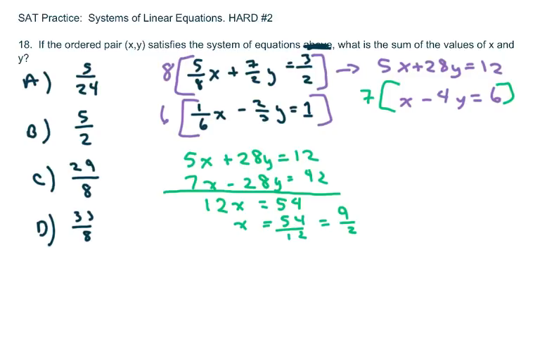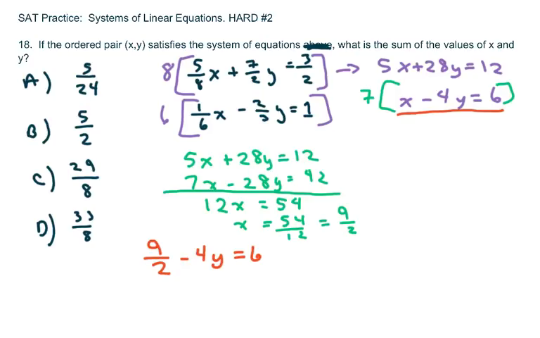Now we're going to substitute 9 over 2 in for x into one of the modified equations and solve for y. I'm going to just use this one because it looks easier. So you have 9 halves minus 4y equals 6.